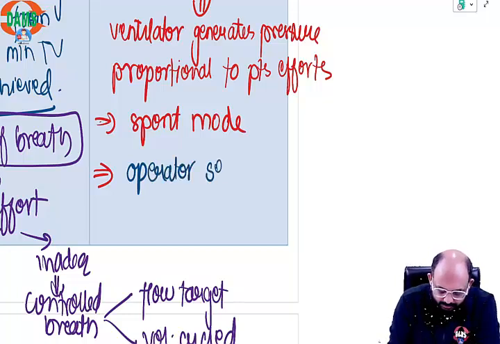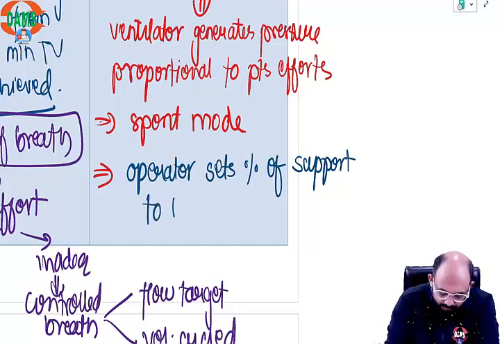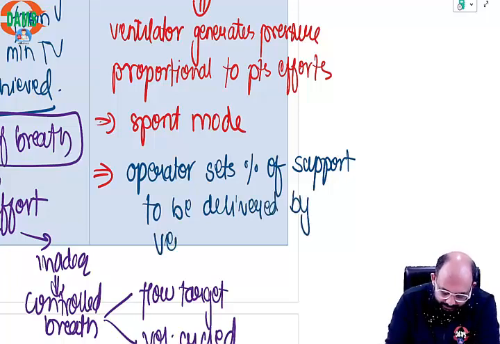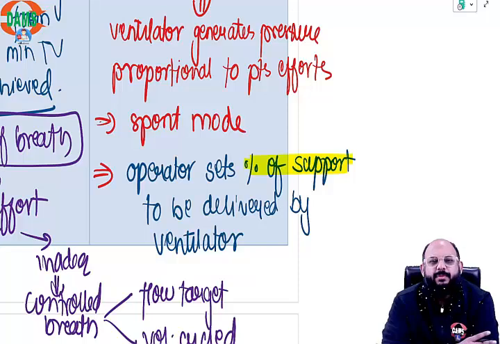Operator sets the percentage of support to be delivered by the ventilator.